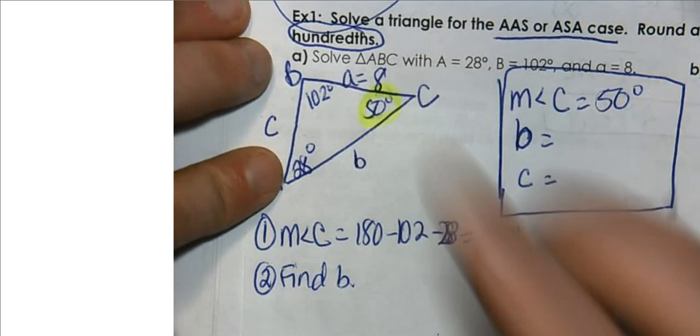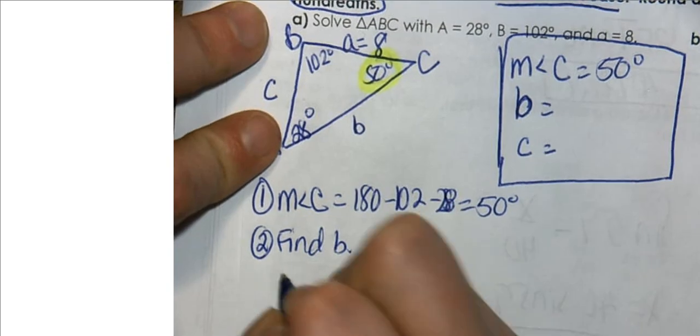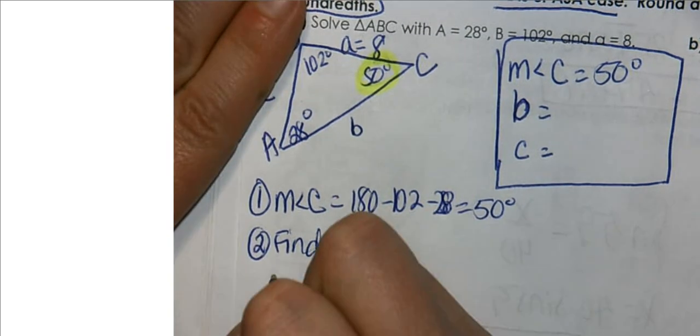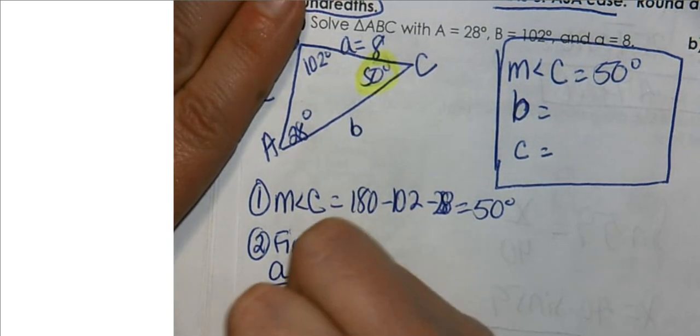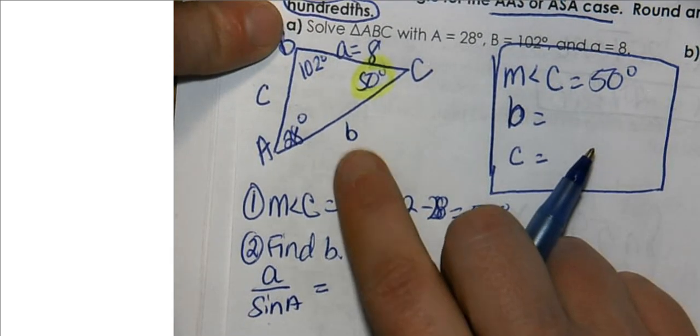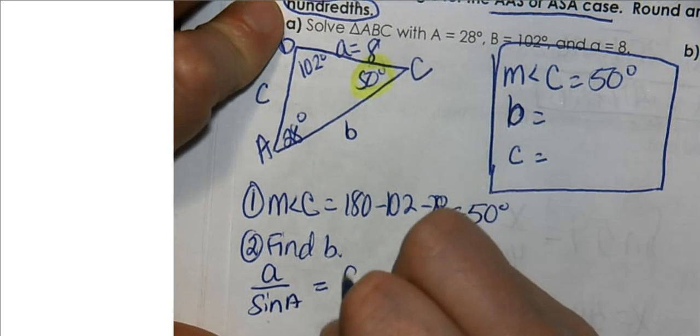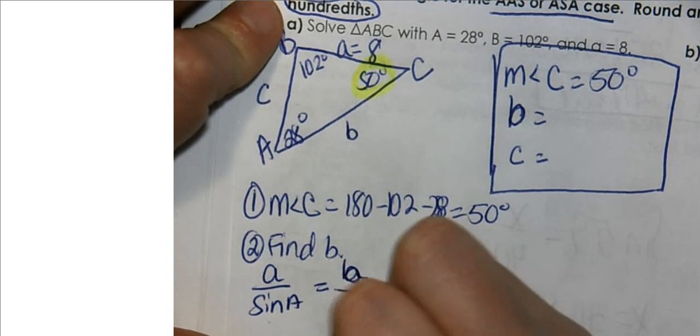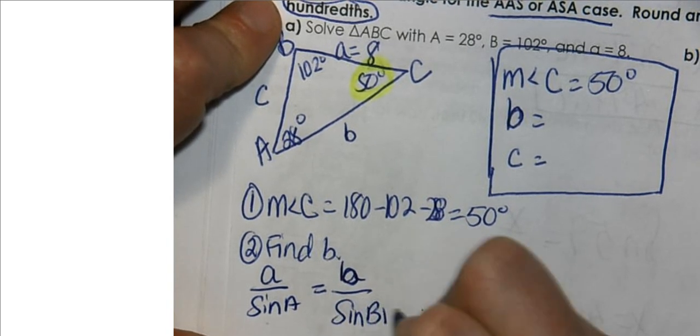So I'm going to work with the fact that I have little a divided by the sine of angle A, and I want to find little b, so I'll be setting it equivalent to little b divided by the sine of angle B.